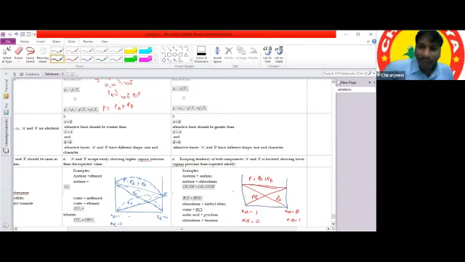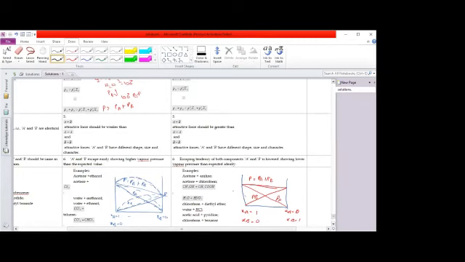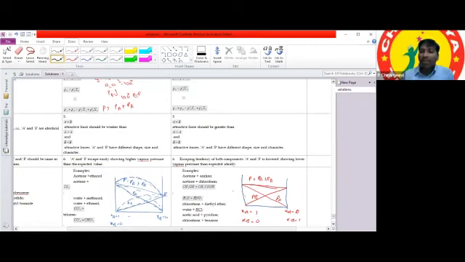Pure HCl. High vapor pressure, very good, Samhita. Because HCl is volatile, it has high vapor pressure. Now, when HCl is dissolved in water, is the vapor pressure going to increase or decrease?